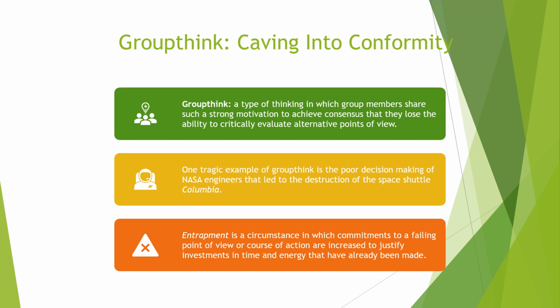They make mistakes. They don't evaluate other points of view or other decisions that can be made, which is all part of critical thinking. They just go along with what these two or three or four other outspoken people want. That's the conformity aspect of it.